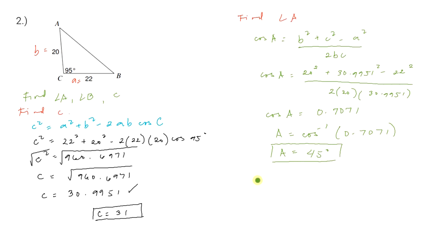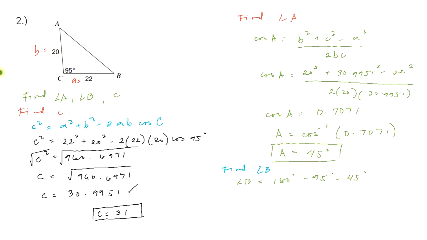And of course, it's easy for us to find angle B because we are now given two angles in our triangle. To find our angle B, angle B is equal to 180 degrees minus the first angle, 95 degrees, minus the second angle, our angle A, 45 degrees.